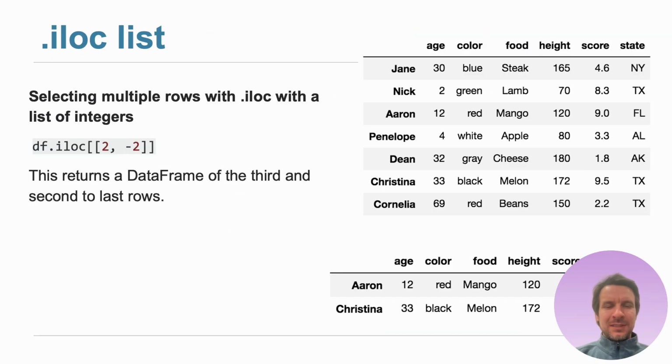You may notice that in iloc you can use negative numbers, and the negative numbers are telling you that you want to go from the end. So -1 is the last entry, -2 is the second to last entry. So you can index rows from the end.